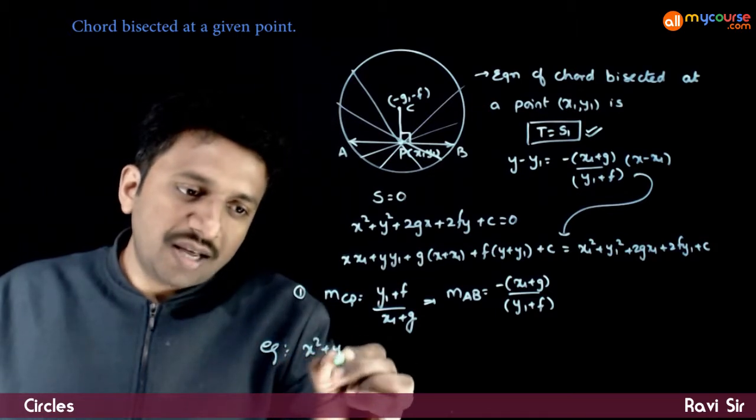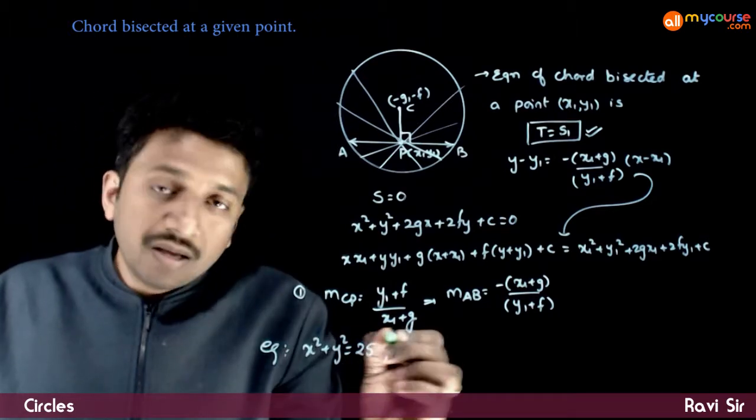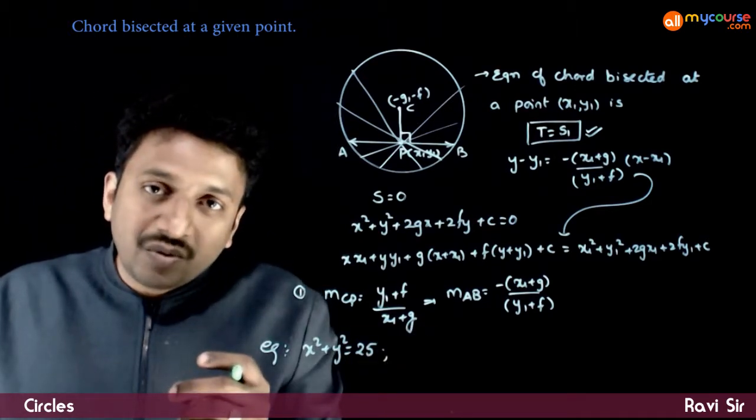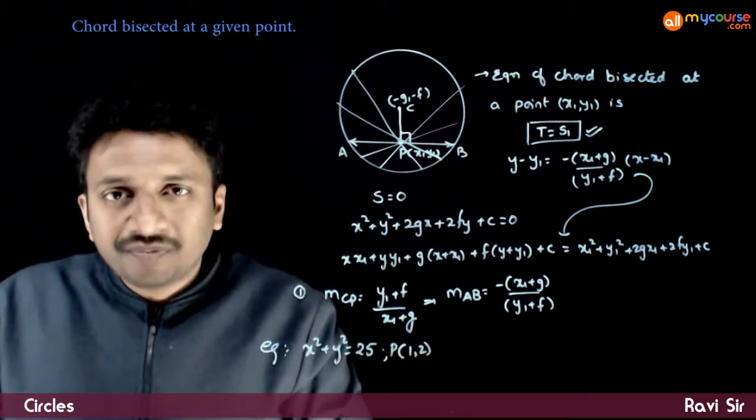So let us take an example. x square plus y square is equal to 25. This is a circle. What is the chord which is bisected by the point 1, 2?